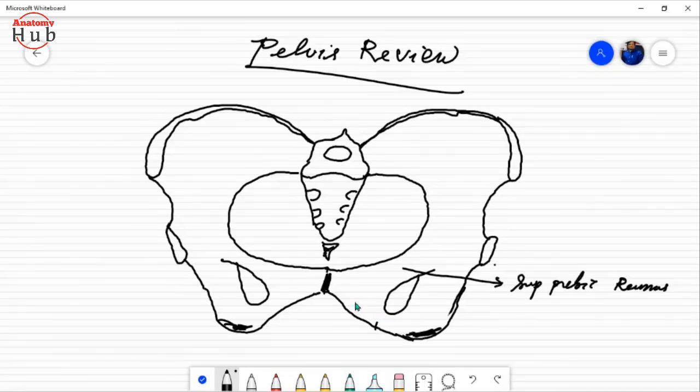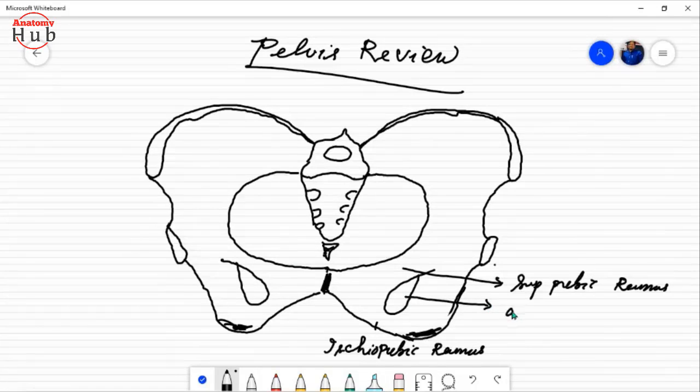This medial part is the inferior pubic ramus, and this lateral part is your ischial ramus, right? Both combined are known as your ischiopubic ramus, or sometimes it is pronounced differently. It depends upon you what you pronounce. So this is your ischiopubic ramus.